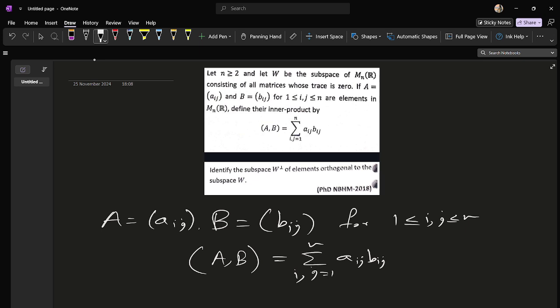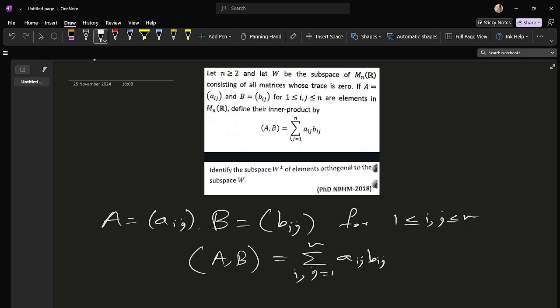Okay, the usual form of inner product. So now we have to identify the subspace W perp, the elements orthogonal to the subspace W.